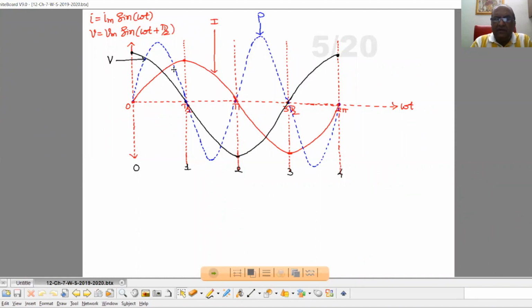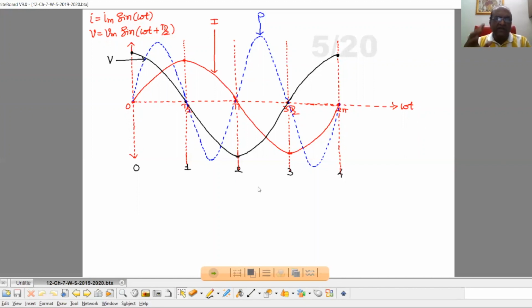Then at pi by 2, voltage is 0, current is maximum, so V into I is 0, power becomes 0. Then after, current is positive, voltage is negative, therefore power is negative. Then again at pi, it is 0. So this blue curve, that is the graph of power versus omega t.